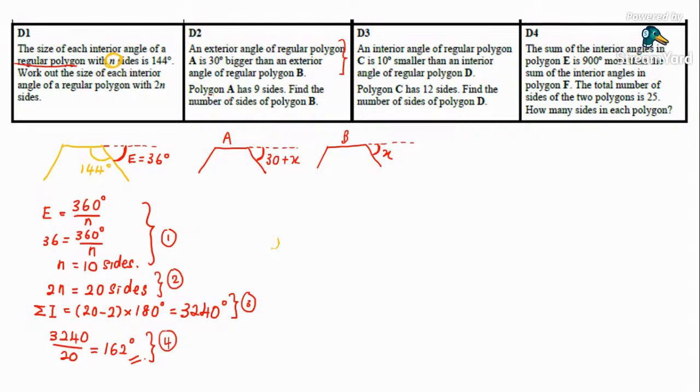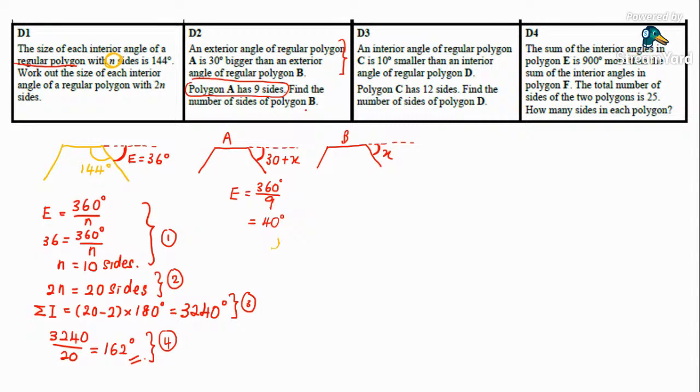Polygon A has 9 sides. When they give us the number of sides, we can find the value of the exterior angle. We take the formula 360 degrees divided by the number of sides, which is 9. Therefore, this is 40 degrees.